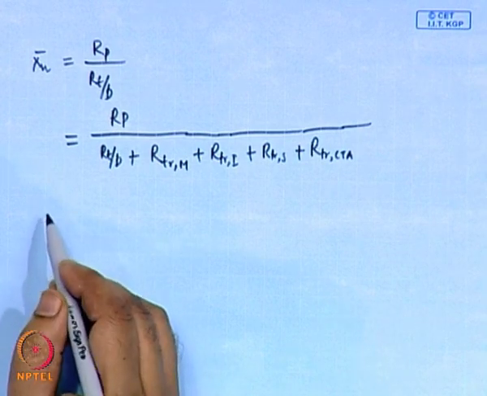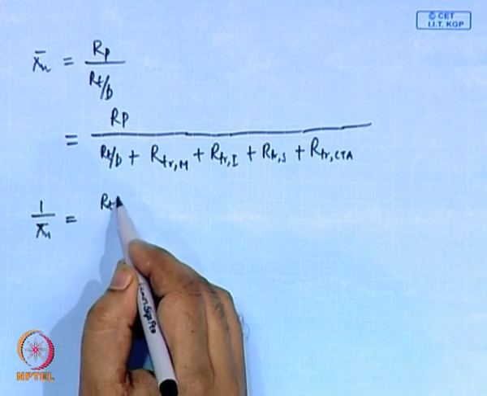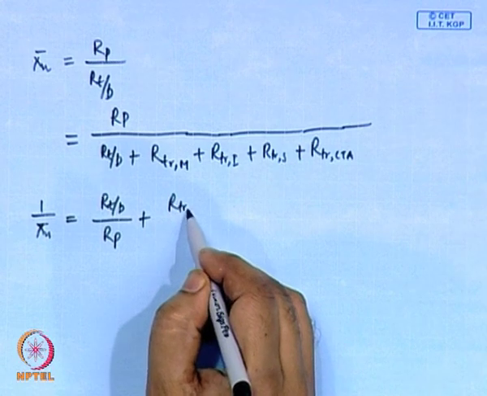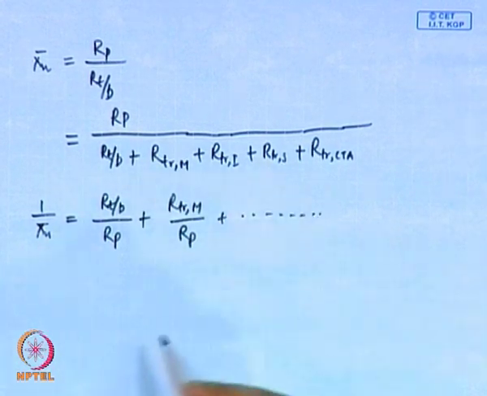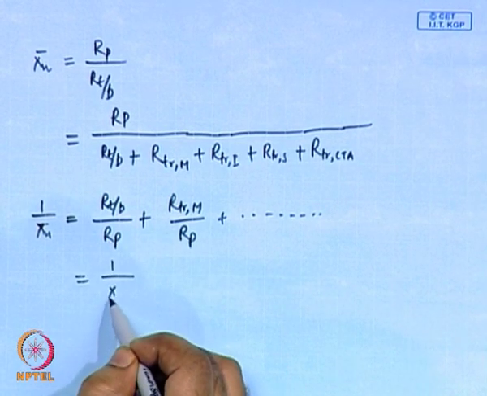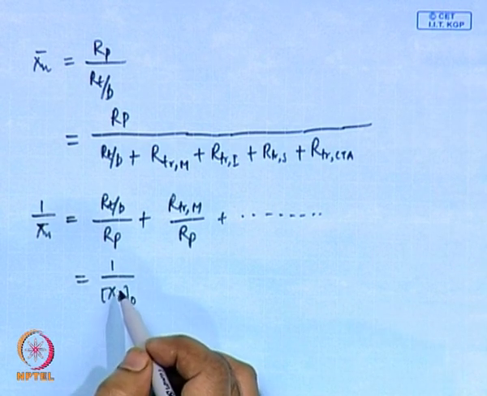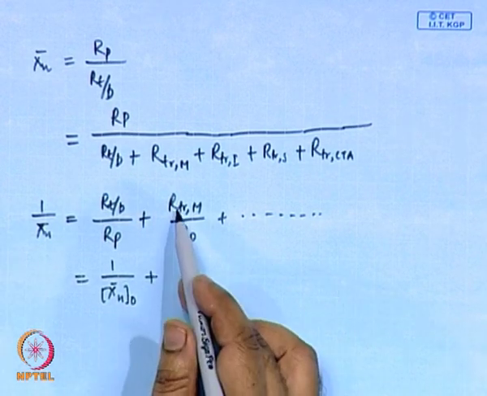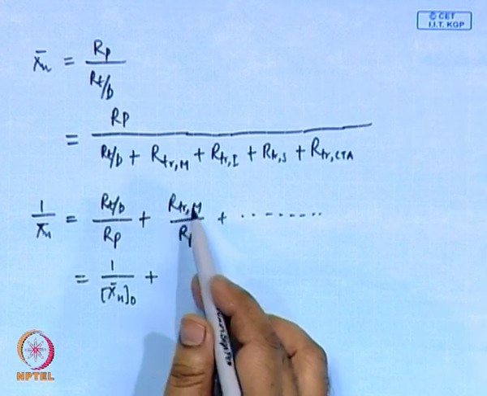So, we are not considering the rate for chain transfer to polymers. If I can write 1 over x bar, I can write R T B by R P, similarly R transfer by R P, and so on for other terms. Now, this is 1 over x n 0, which means the number average degree of polymerization in absence of any transfer reaction, and you can write the rate expression for the individual rates.